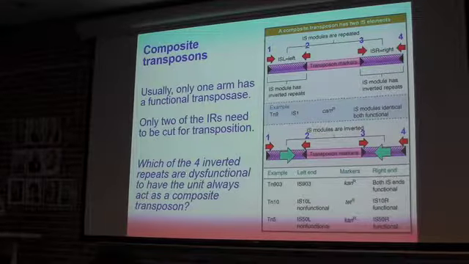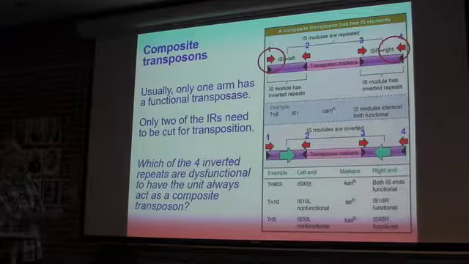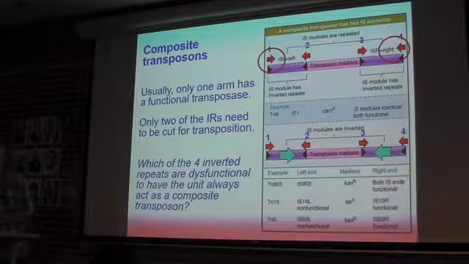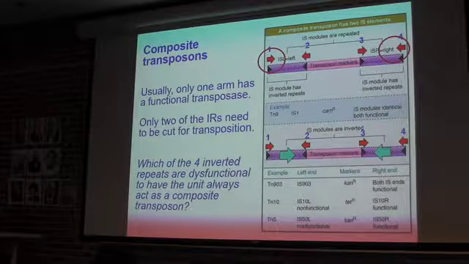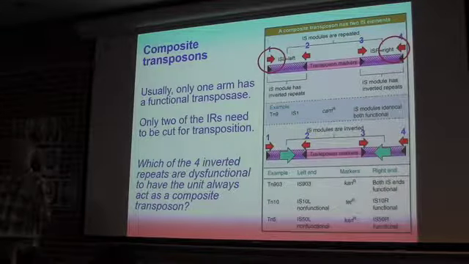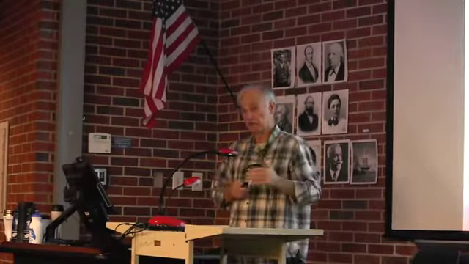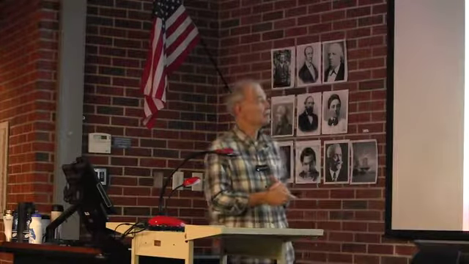In order for it to always act as a composite transposon, you're going to have the two outside ones active and the two inside ones mutated. Of course, in some circumstances, it will not be 100% deactivated. You can have circumstances where it's 50% mutated in terms of function, and we'll see what consequences that may have.